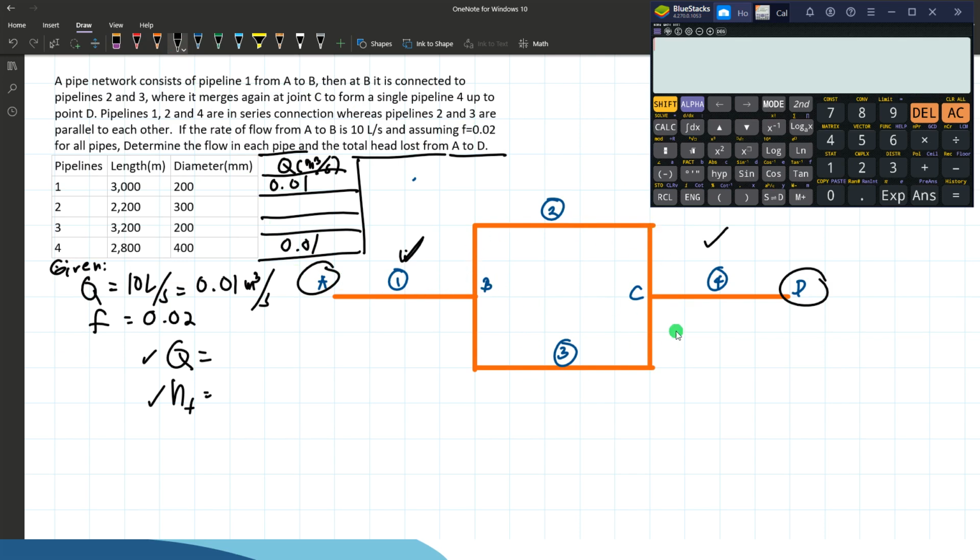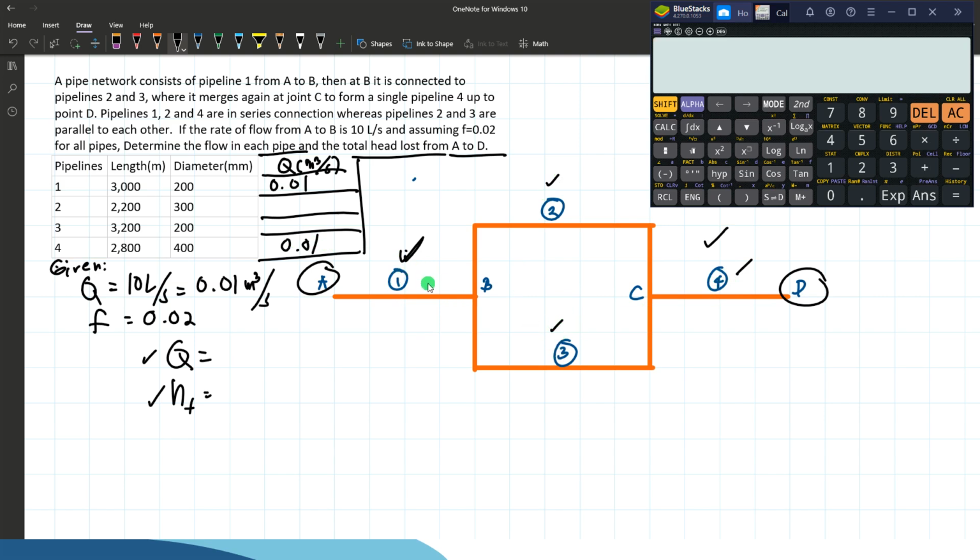the amount of water that will travel within this pipe network is just the same. So the discharge at pipe number 4 is also the same as pipe number 1. Only in pipe number 2 and 3 will we have different values for discharge because they are in parallel connection.